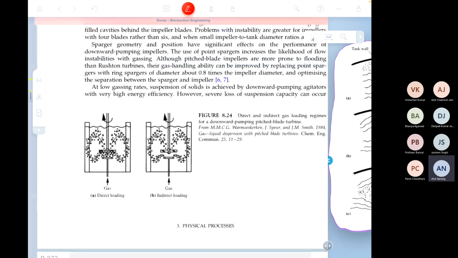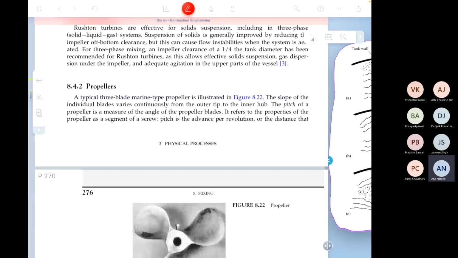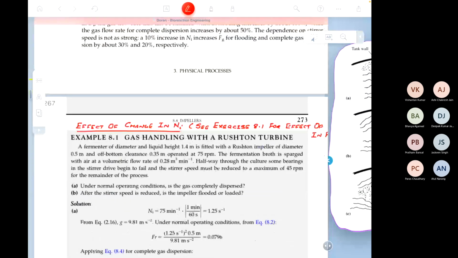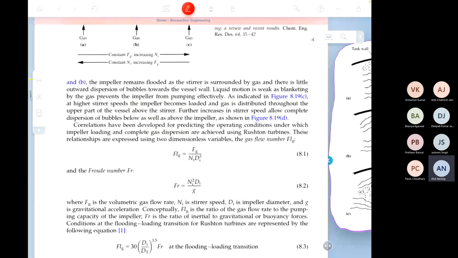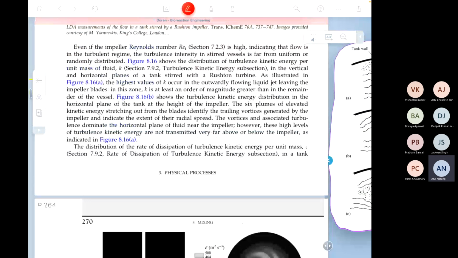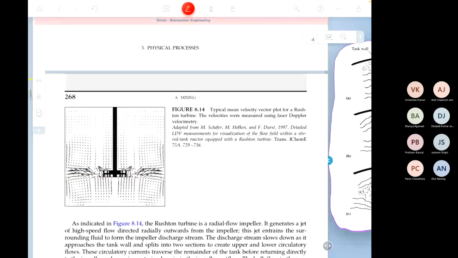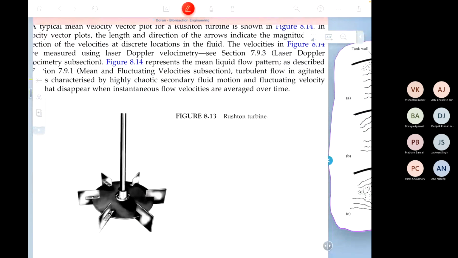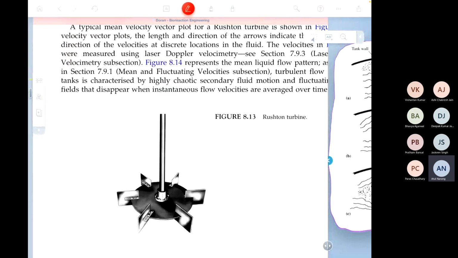I think I've shown these pictures, but I might as well. I'm hoping that in the labs we will have an opportunity to show these things. So here is the Rushton turbine. Just notice that this thing is sitting perpendicular to the disk.